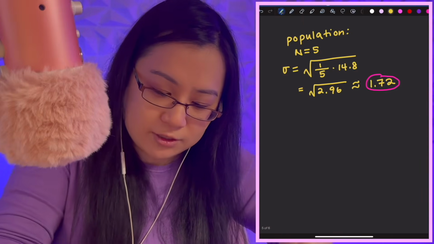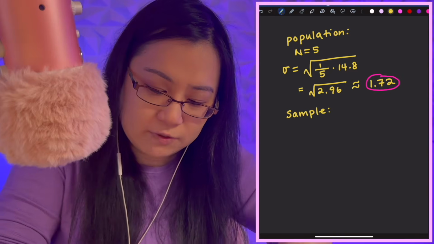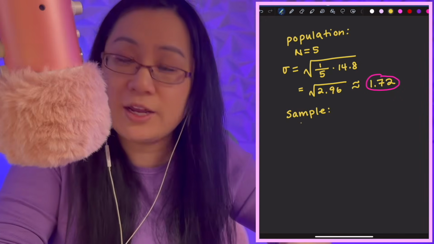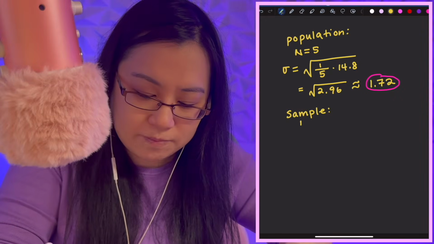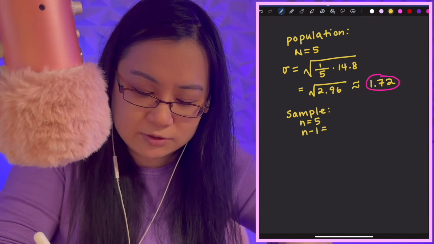If we have it as a sample, the same data but as a sample of 5, then n is 5, but we use n minus 1, which is 4.